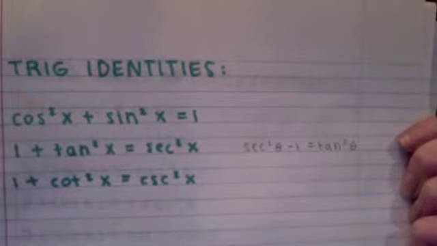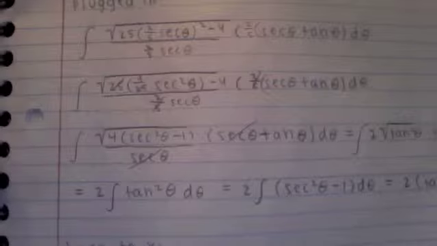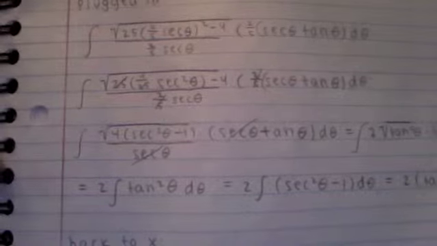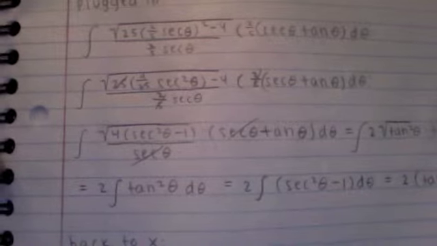Okay, so now we can substitute secant squared theta minus 1 for tan squared theta because of the second identity. We can cancel out the secant theta in the numerator with the secant theta in the denominator. So now that's gone.